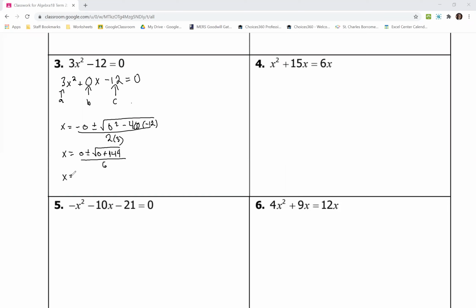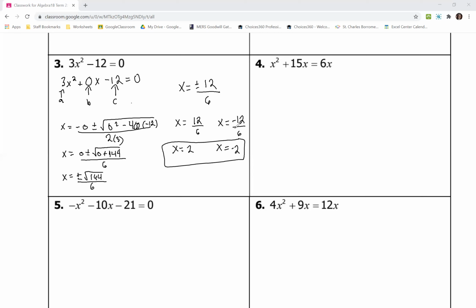So 0 plus or minus anything is still just going to be a positive or negative square root of 144, all over 6. The square root of 144 is 12, so we have x equals a positive 12 over 6 and x equals a negative 12 over 6. And so x equals 2 or x equals negative 2.